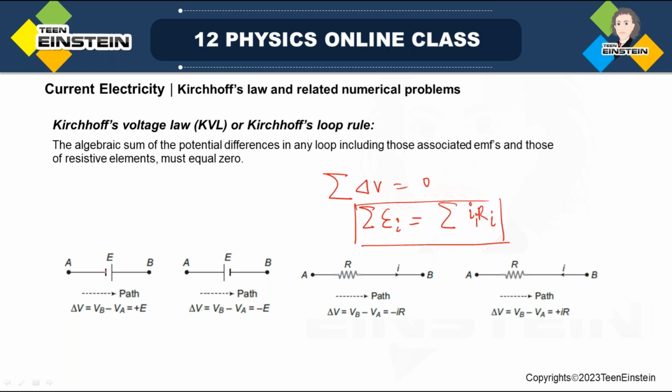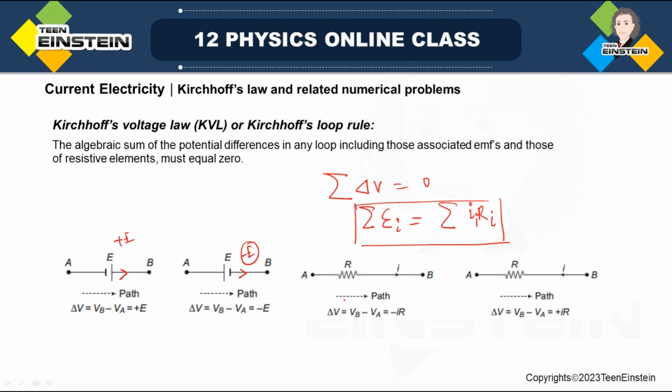Suppose I go from A to B, and the current is flowing from the positive terminal of the battery, so this EMF has to be taken as positive. When I go from A to B, in this case the current is as if flowing from the negative terminal, so in this case the EMF has to be taken as negative.